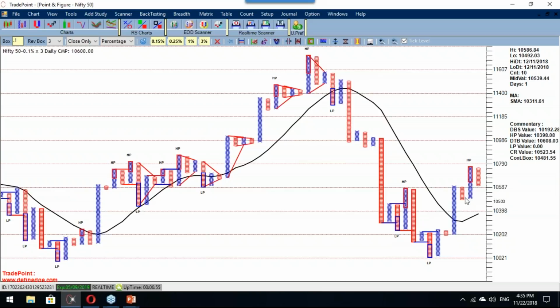And if a sell signal gets triggered, what will that be? If a signal gets triggered, what is the pattern that will be completed in terms of point and figure? One will be 100% pole, right? If this column of O continues further lower, and if we end up triggering a sell signal, it's going to be 100% pole.